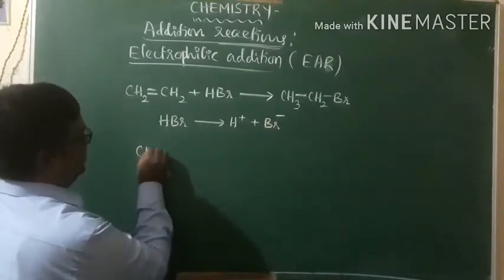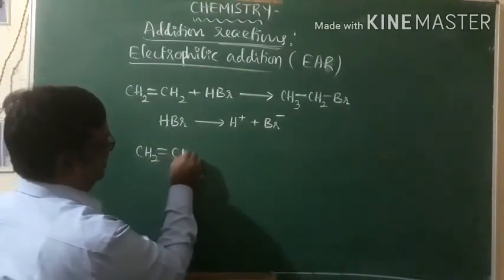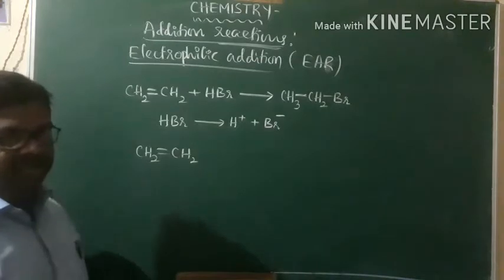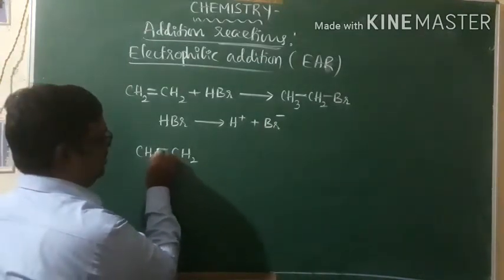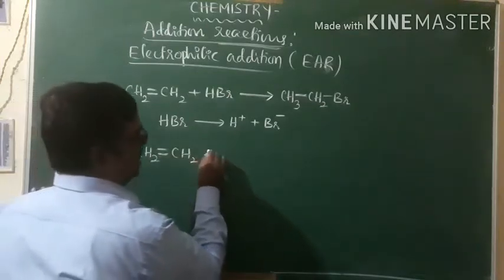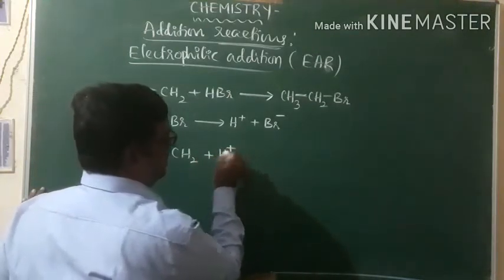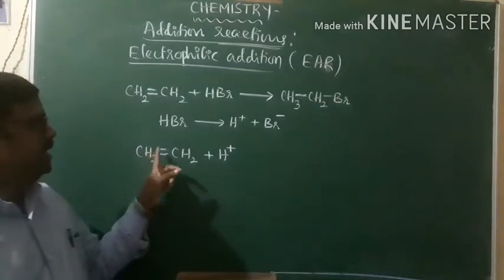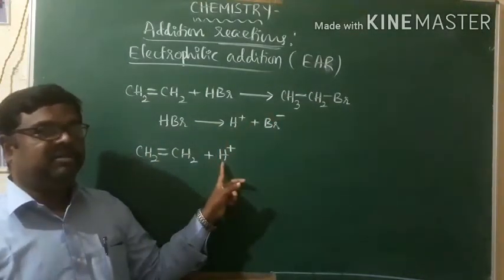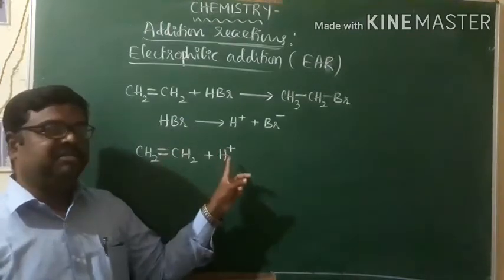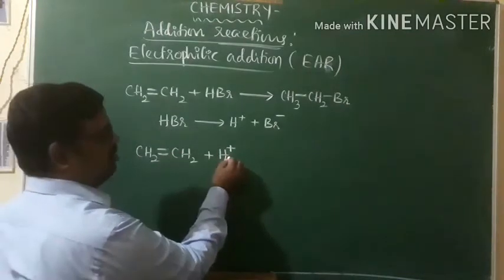In the reaction we have the substrate, CH2=CH2. Due to the presence of the pi electrons, which are loosely bound, these pi electrons are going to attract the H plus ion. Pi electrons do not attract Br minus ions, they attract the H plus ion. Electrons attract positively charged species, and this is the electrophile.